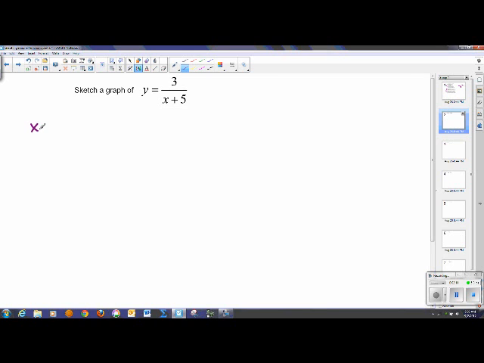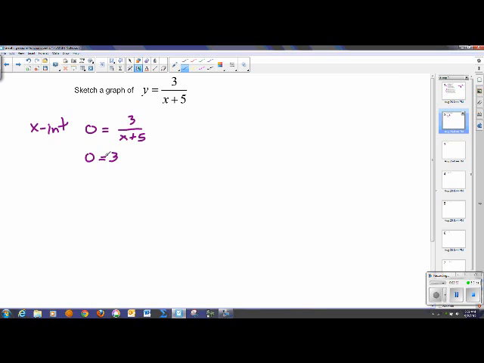So x-intercept first. We know that to find an x-intercept, we set the y equal to 0. And now you'll notice that when I go to solve this, I multiply x plus 5 to both sides, and I get 0 equals 3.